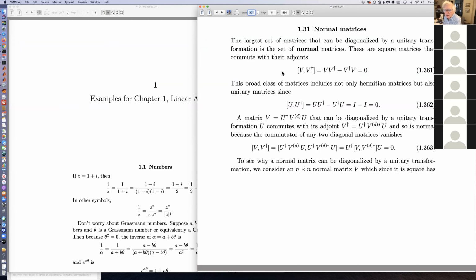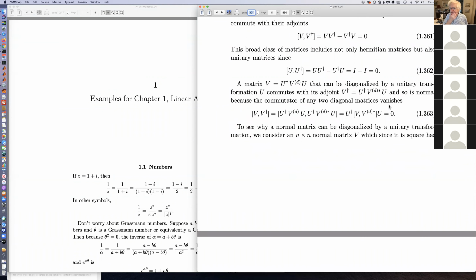So a normal matrix is one that commutes with its adjoint, so V V dagger is equal to V dagger V. And it includes not only Hermitian matrices, which obviously commute with their adjoints, but also unitary matrices, because this commutator is just I minus I, which vanishes.